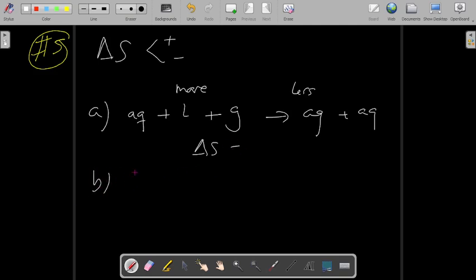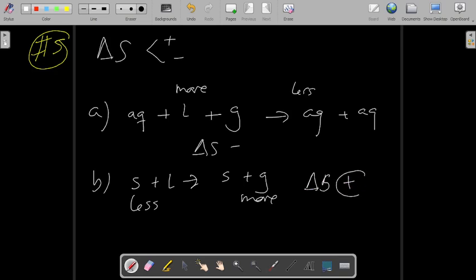Let's look at B. On B we have a solid and then a liquid to become a solid and a gas. Gas always means more, so it went from less to more. So the change of entropy here is positive. Okay. C. We have a gas, another gas, and then it became a gas. Oh, and another gas.